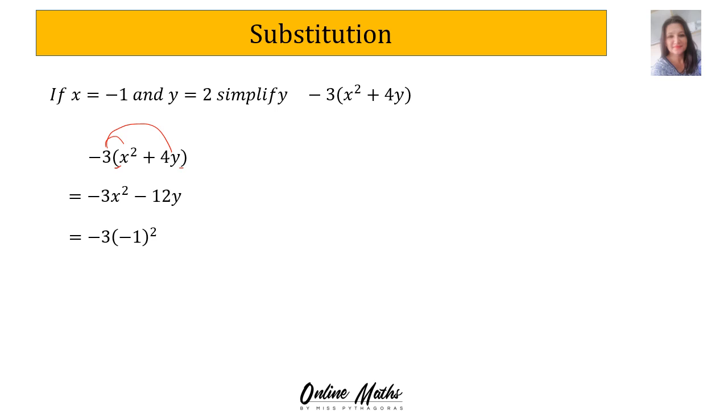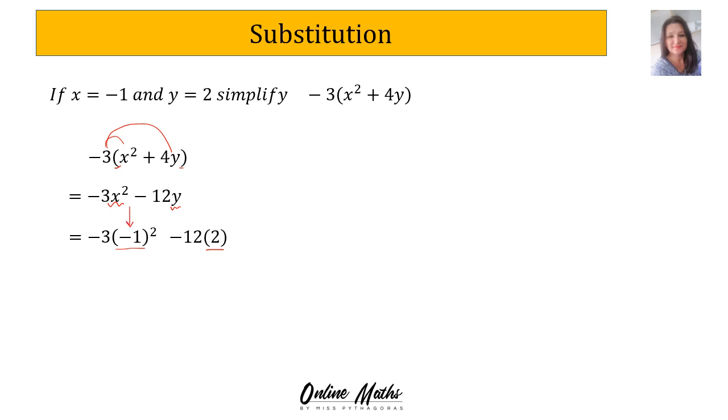And the most important thing to remember when you substitute is to use brackets. So in x's place you will substitute negative 1 inside a bracket squared, and then minus 12, and in the place of the y you substitute 2. Please note the use of the bracket. Then you have to remember your rules, and the rule here is you first have to do the powers.